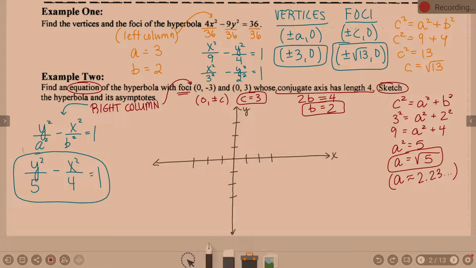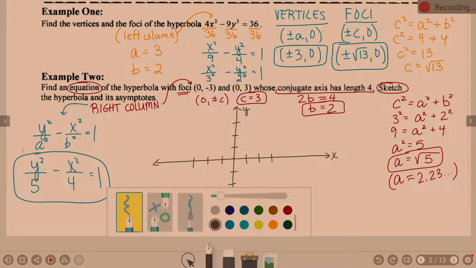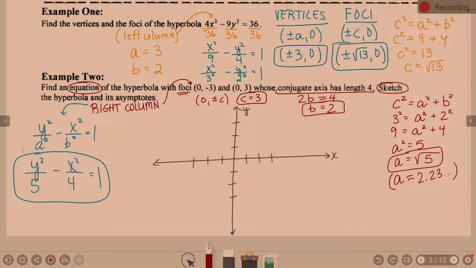We were given our foci of 0, negative 3 and 0, 3. And so if I count 0, negative 3 and 0, 3, those are those points right there. Okay, that was counting up 3 and down 3.